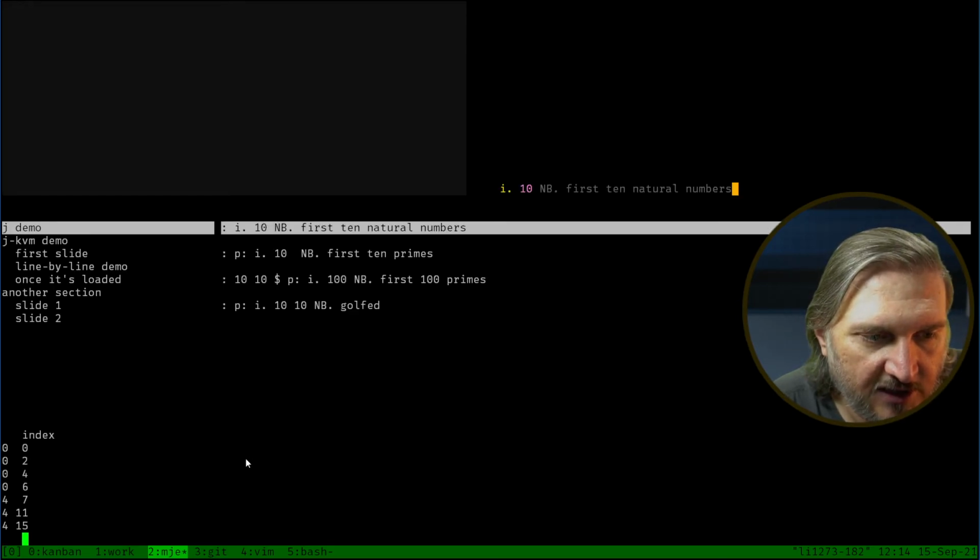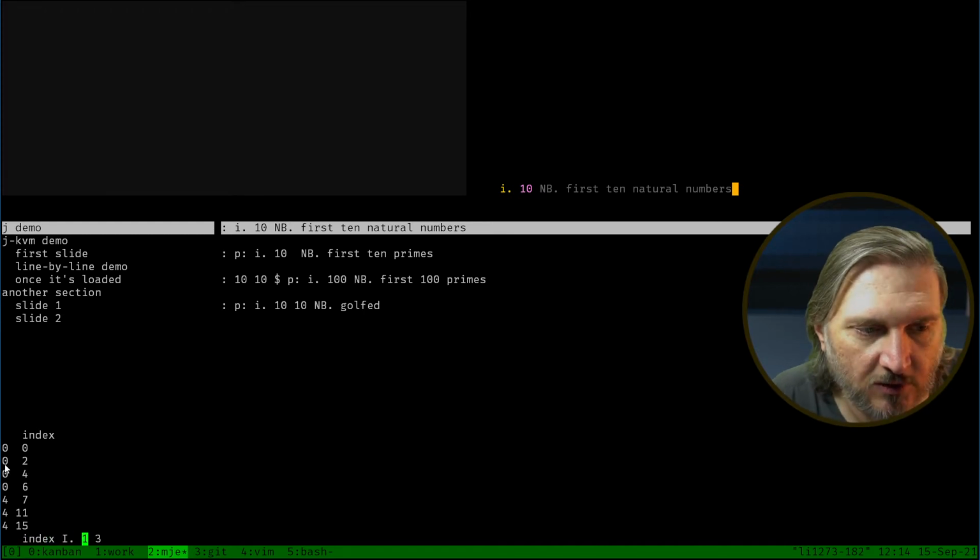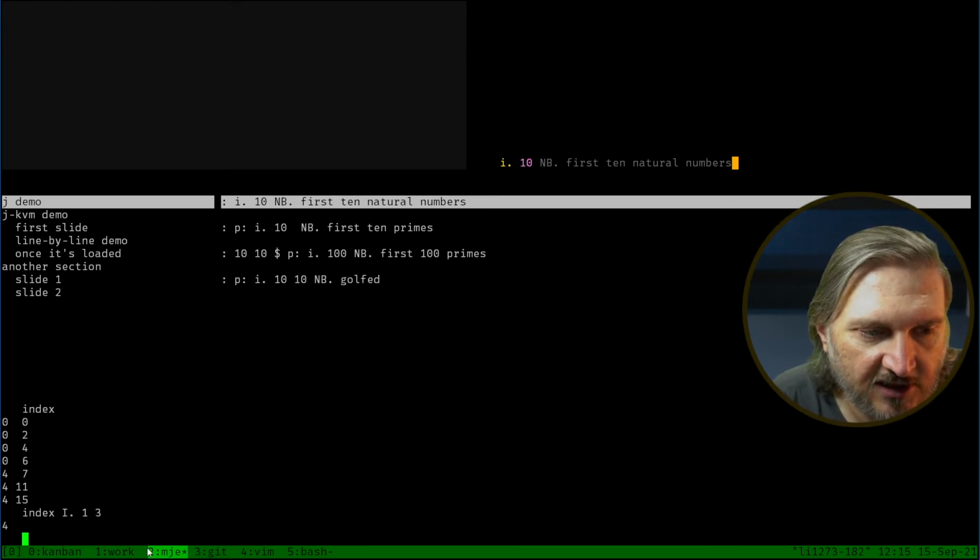If you want to look up, okay, you're on, say, slide 1 and line 3, where are you in this index? And you should be on number 4. So 0, 1, 2, 3, 4, which is right. So you're in between these two.